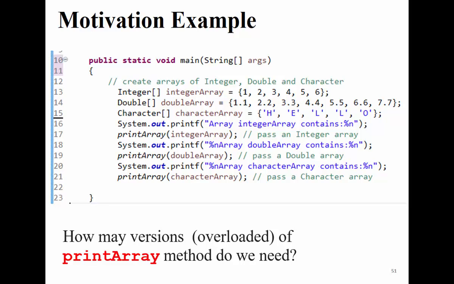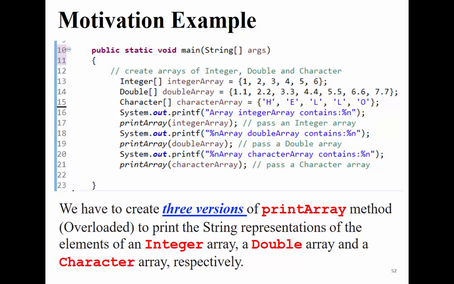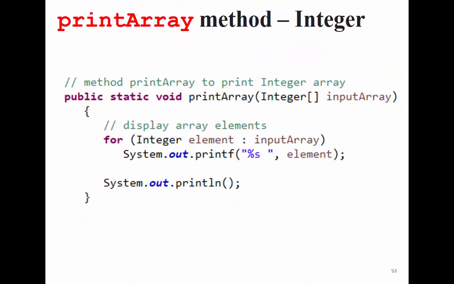Three. One for Integer, one for Double, and one for Character. Actually, I need three versions. For the integer version, you see the signature is different. It will receive an argument of type Integer array.